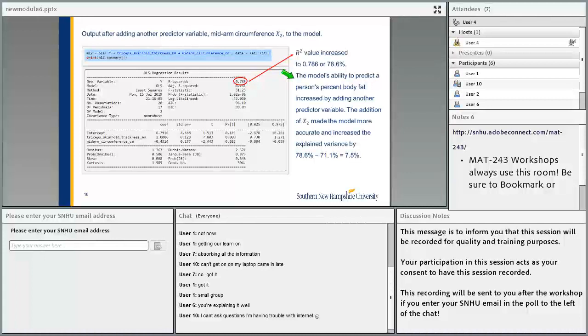The model's ability to predict a person's percent body fat increased by adding another predictor variable. The addition of x2 made the model more accurate and increased the explained variance by 7.5%. So earlier it was 71.1, and by adding x2, we have increased it by 7.5%.